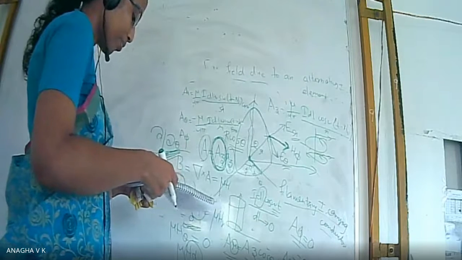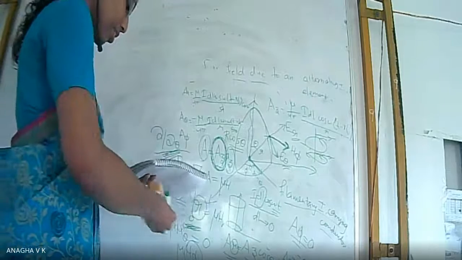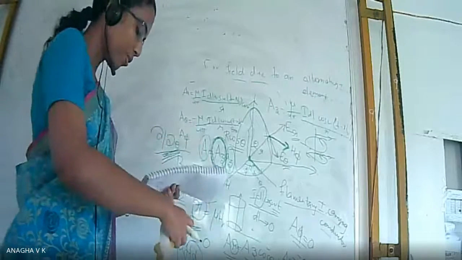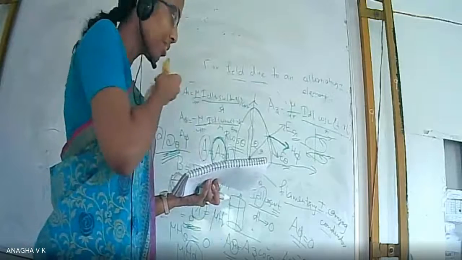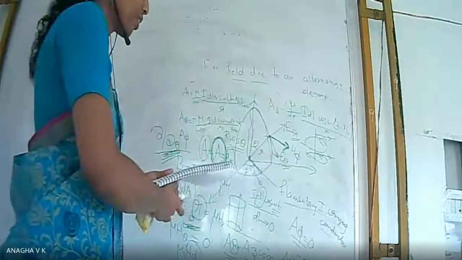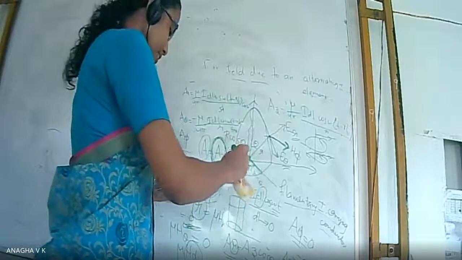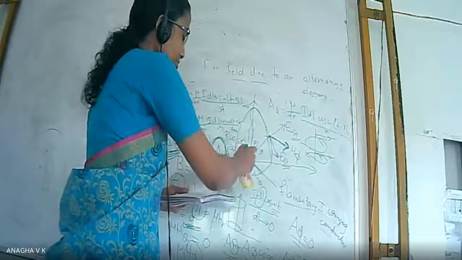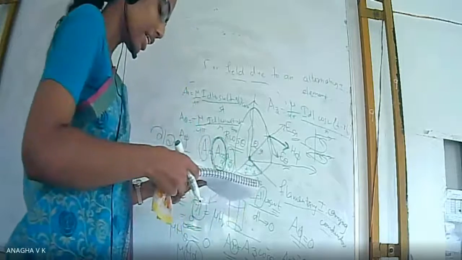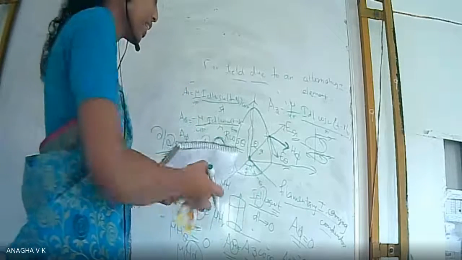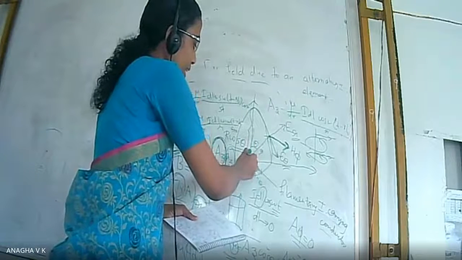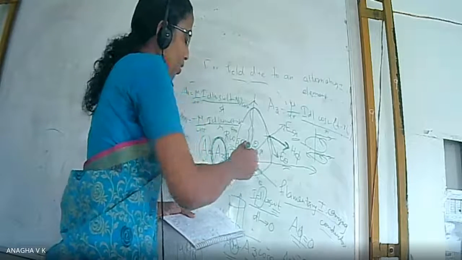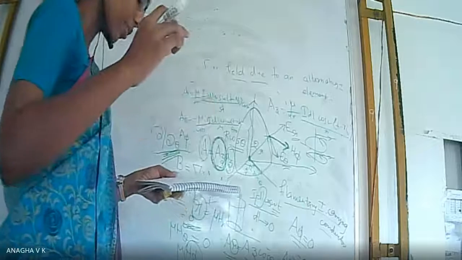So when a current I flows in a very short length of thin wire, the current is constant along the length. We can assume it is constant along this length because the length is so small.